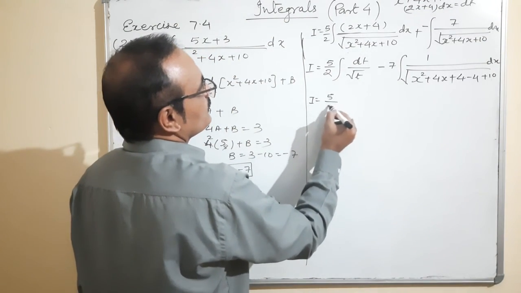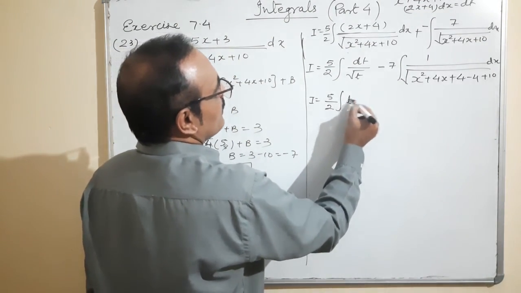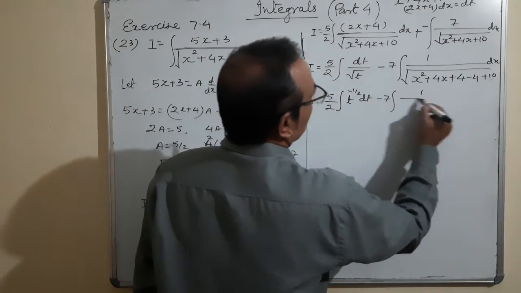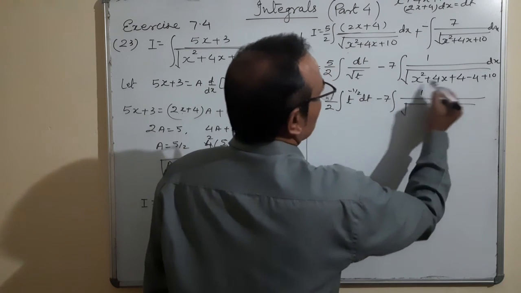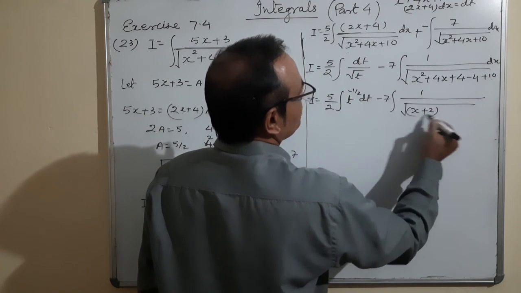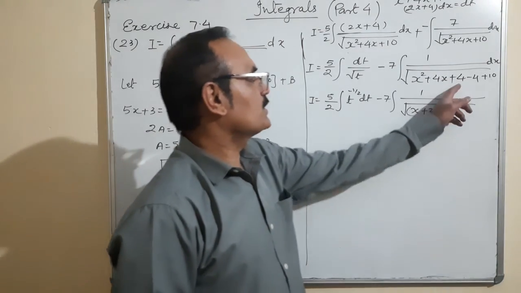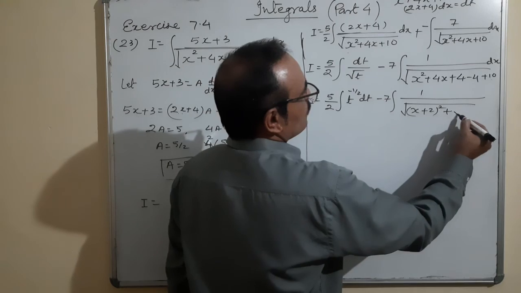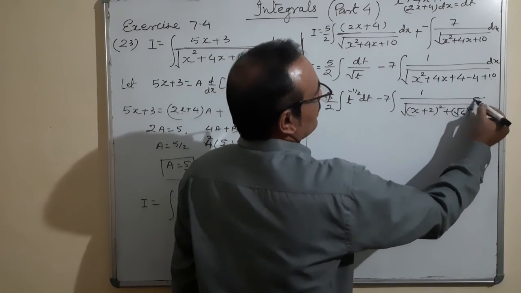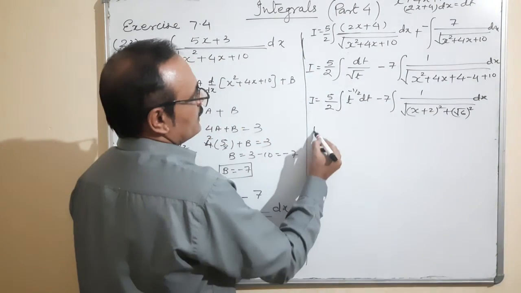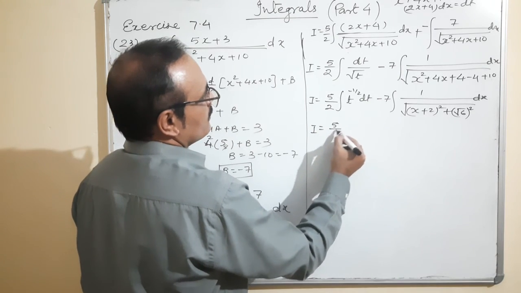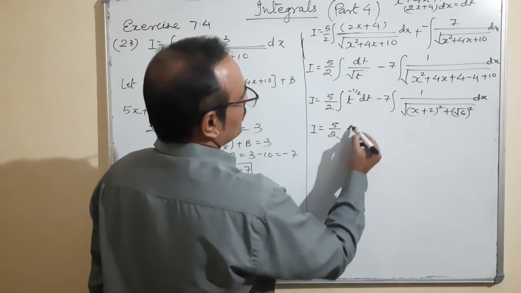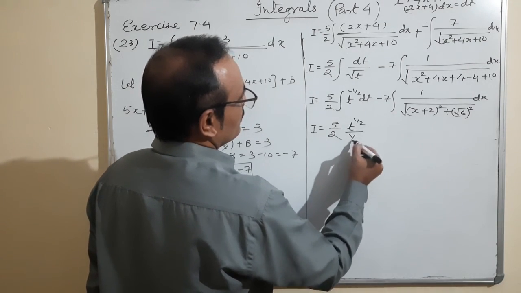That gives 5 by 2 t to the power minus 1 by 2 dt, minus 7 upon under root x plus 2 whole square, 10 minus 4 is 6, plus root 6 whole square, dx. I is equal to 5 by 2 times t to the power 1 by 2 upon 1 by 2.